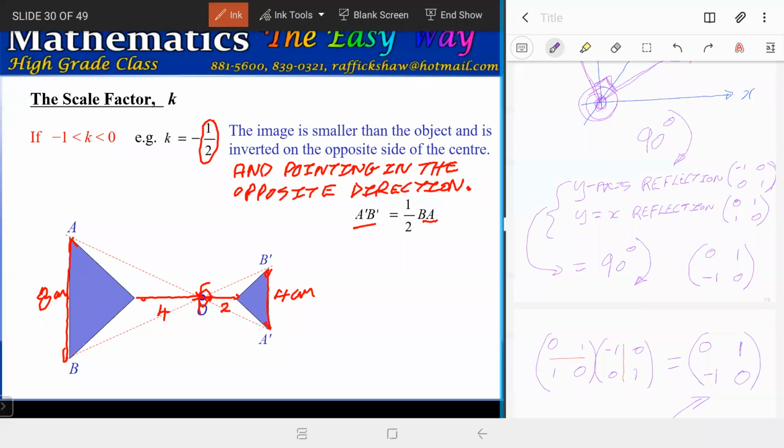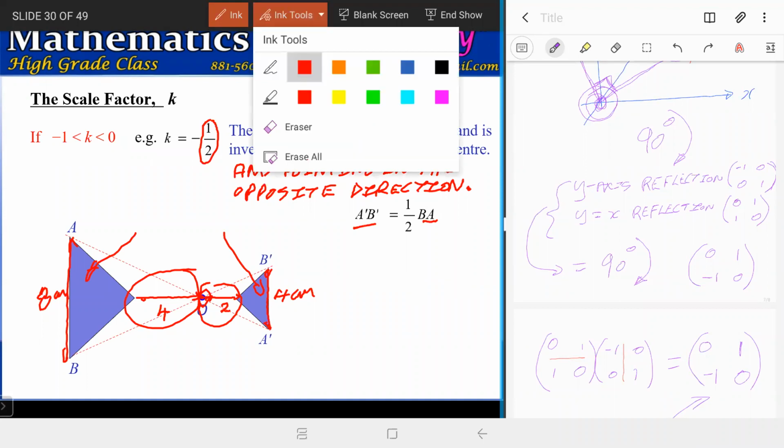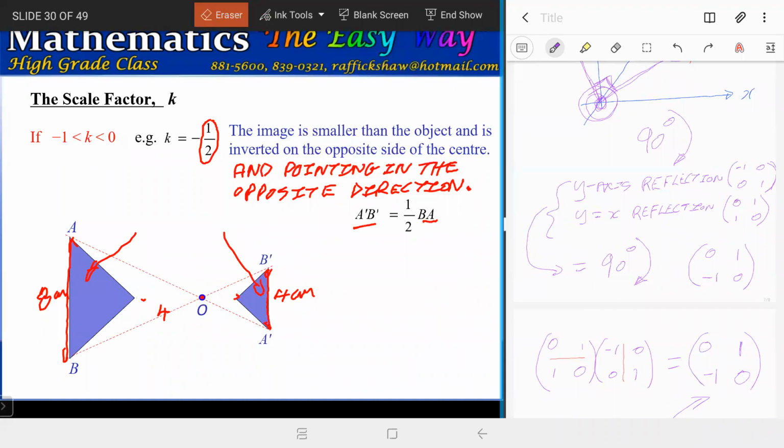The distance from the center is also half. Plenty of people forget about the distance from the center and put all the focus on the size of the object and the size of the image. The scale factor affects the distance from the center as well. Don't forget that. It's very important. It affects the actual physical size of the object and the image, but also applies to the distance from the center of the enlargement.